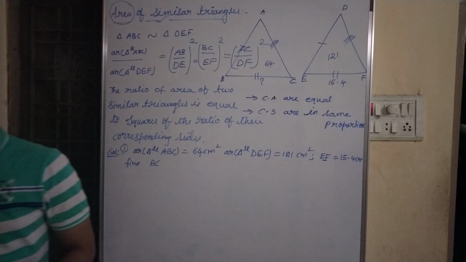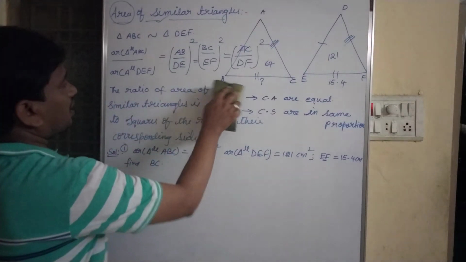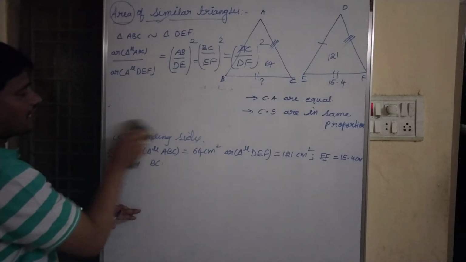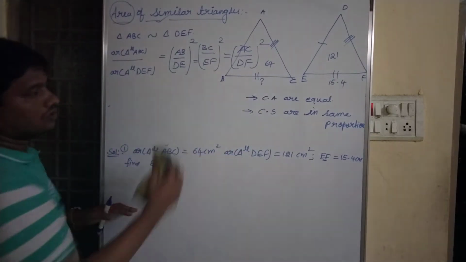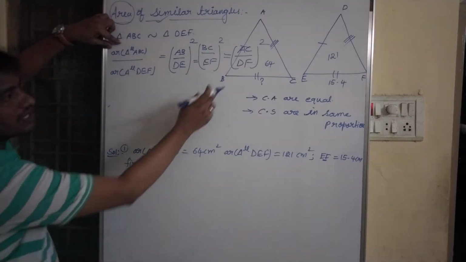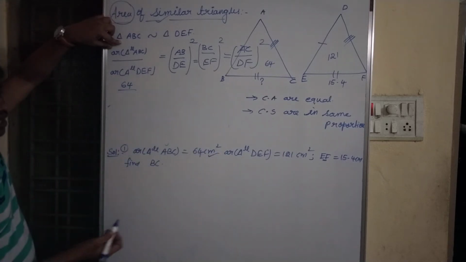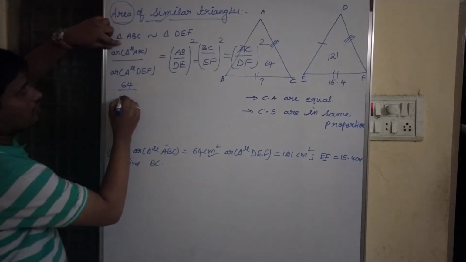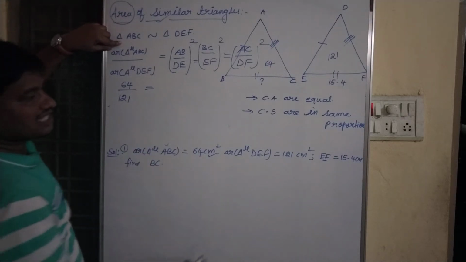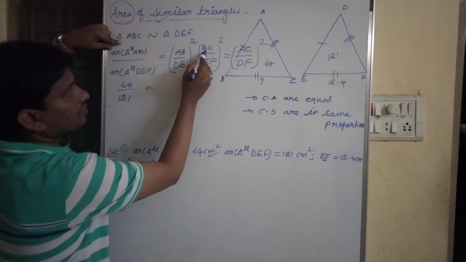And also we know that area of triangle ABC by area of triangle DEF, 64 by 121, is equal to, and they have given EF and they are asking to find BC.